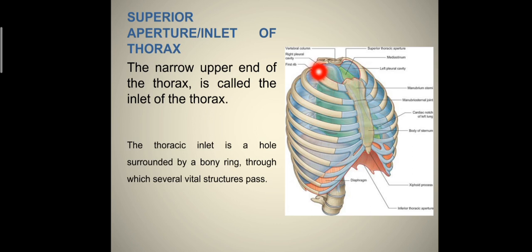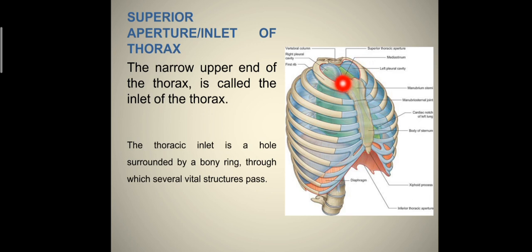Here we can see that this one is the superior opening or superior aperture, and it is also known as the inlet of the thoracic cavity or thoracic cage. It is a hollow space surrounded by a bony ring.